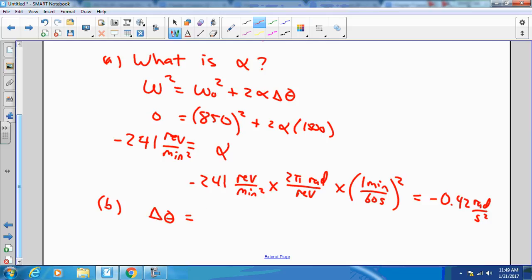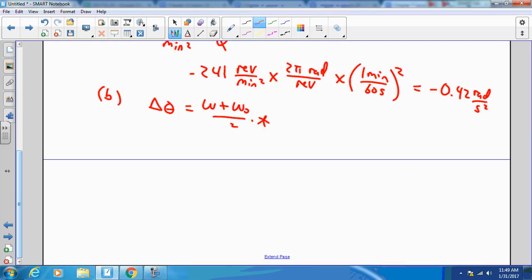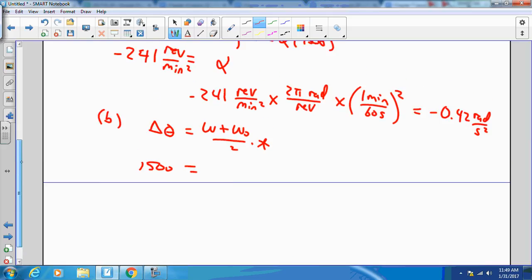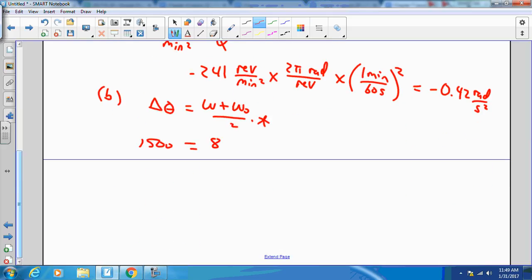So I can say that delta theta is equal to omega plus omega 0 over 2 times time, or 1,500 revolutions equals, what was it, 850? But now my time is in what units? In minutes. If I am comparing to the back of the book, and the book gives me answers in seconds, well, I know what to do.